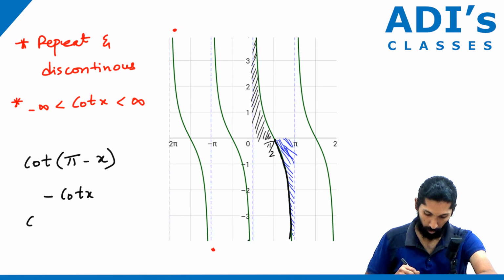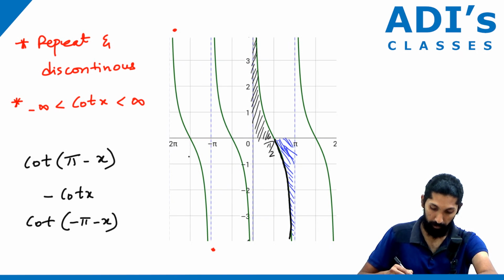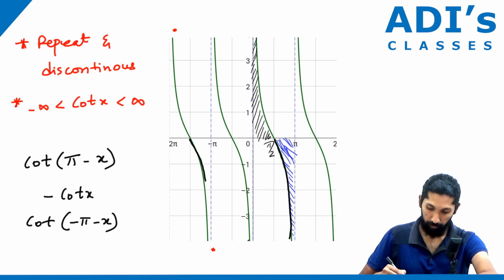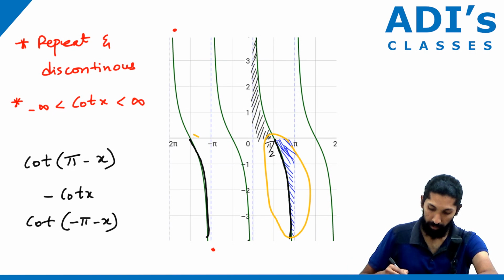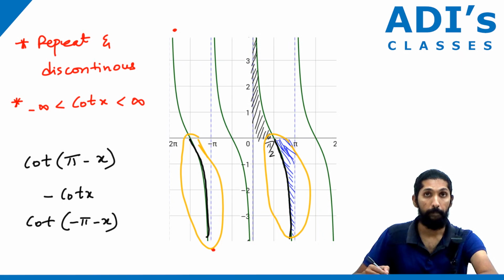Now you do cot of, let's say, minus pi minus x. Minus pi minus x is going to give you a value somewhere over here. And if you look at those two graphs, they are one and the same.